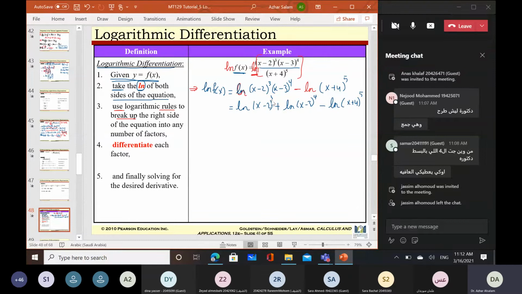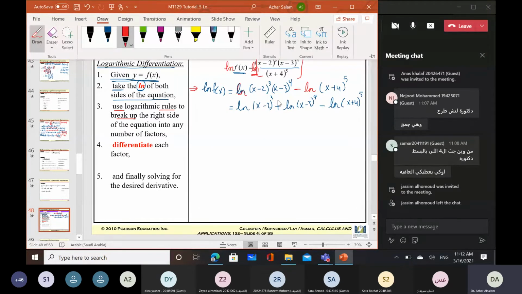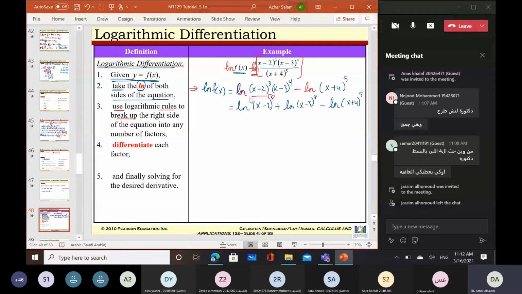Now I will take all the powers down. This is to the power 3; I will take it down before the logarithm. Also here, I will take this down before the logarithm.